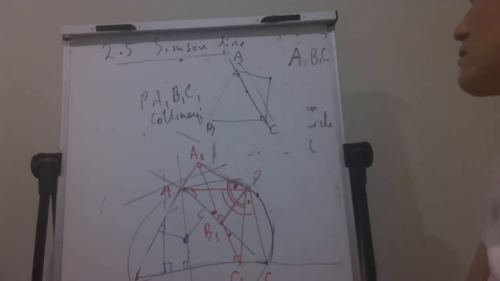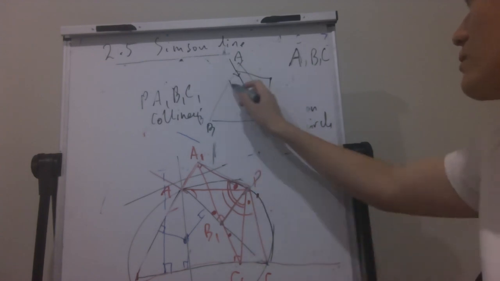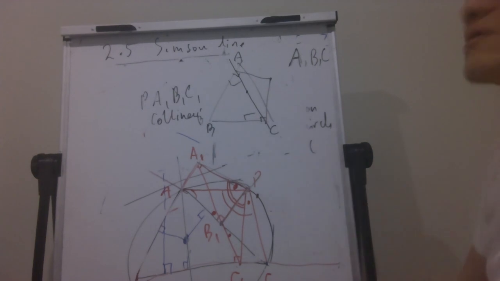That would mean that AB and BC are parallel, because of the co-interior angles.